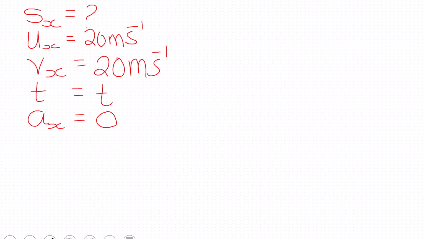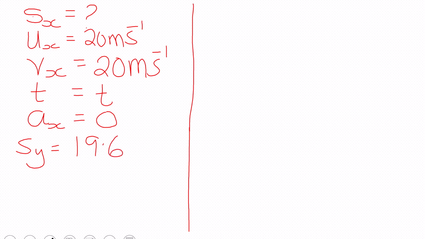For y, let me summarize it here first. For y, we shall have s in the y equaling to 19.6, the displacement in the y. Then for initial velocity in the y, as I told you, for horizontal projection it will always be 0 meters per second.